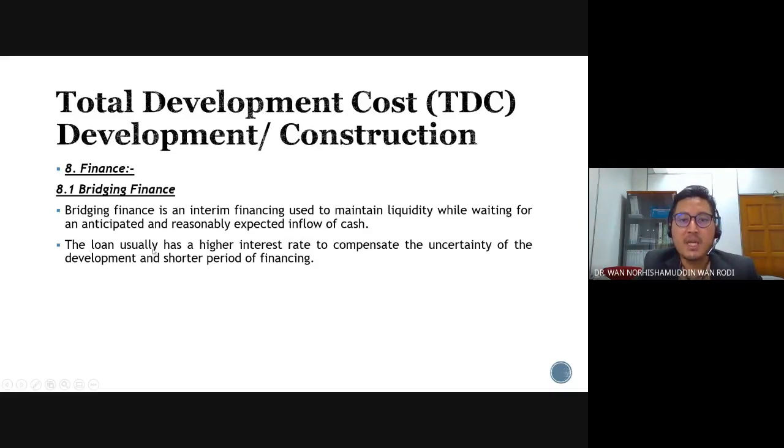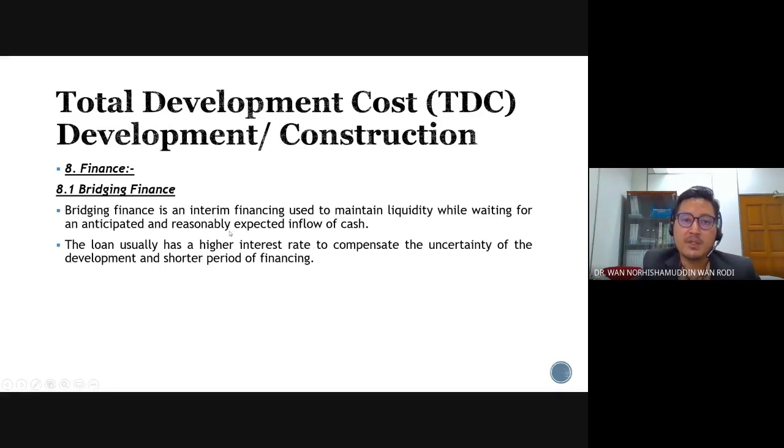The loan usually has a higher interest rate. Why do we have a higher interest rate? Because the development project is a very risky project, and some of the banks are not willing to finance it. So the willing bank will give a higher interest rate to compensate for the uncertainty.